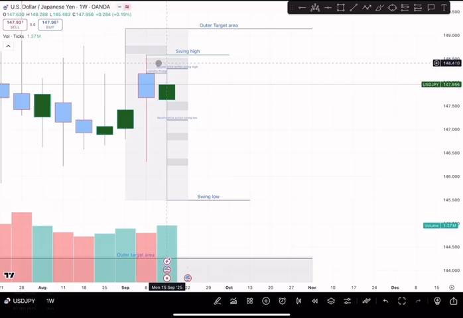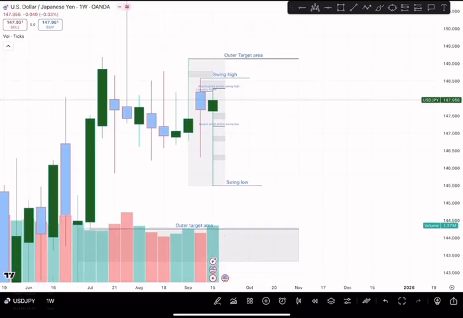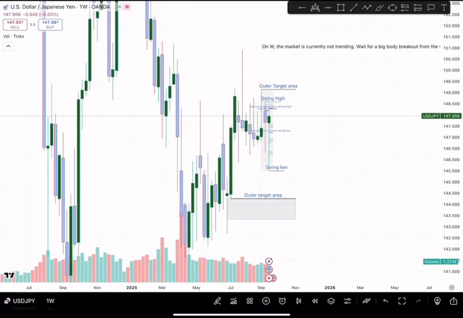Okay, so after I mark that out, I would normally just look at market structure to see the direction the market is going, if we have a bearish market or a bullish market. So let me do it right now.